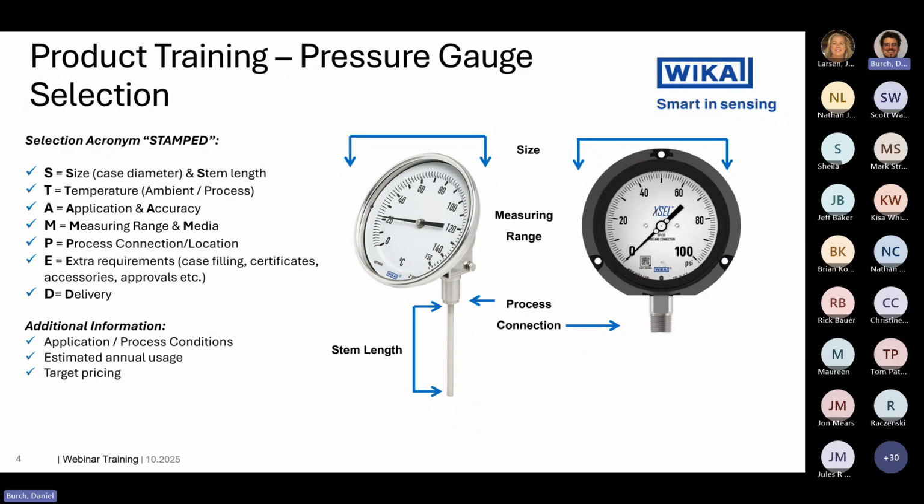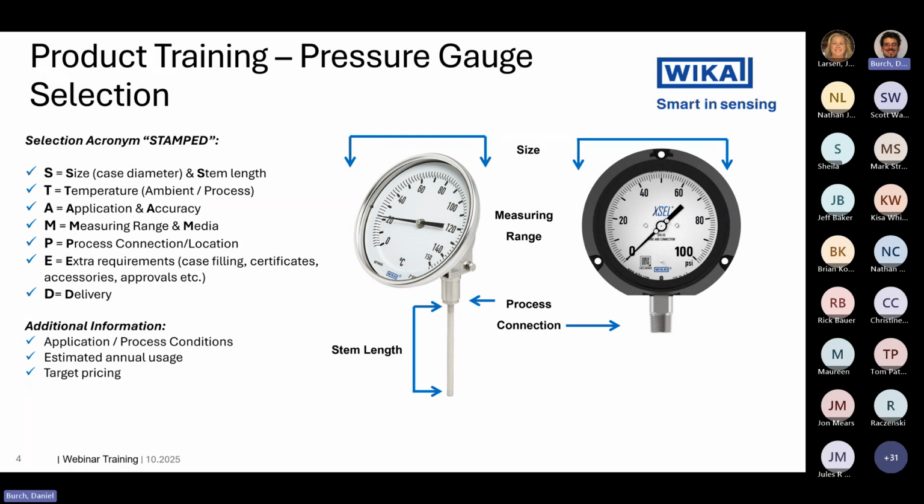Having those application details is definitely important, as well as the accuracy, because going back into the size of the gauge, smaller gauges in general are going to have a wider accuracy range, like I was mentioning with a small compressor gauge at a 323% accuracy versus something like the process gauge at 4.5 and 6 inches you see there on the right that's going to be at a 0.5% accuracy. So your accuracy requirements are also going to determine what the best gauge is that we can offer.